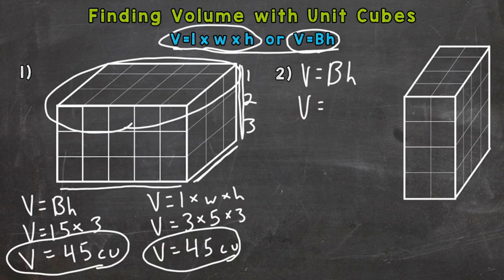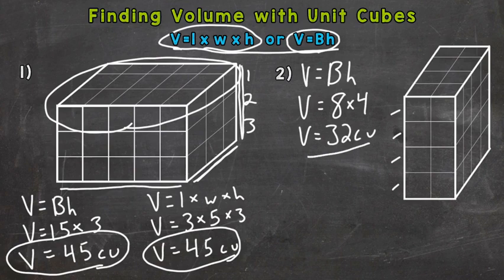So let's take a look at the top layer. How many unit cubes make up that top layer? Hopefully you're thinking 8. So one layer has 8 cubes, and then multiply it by the height, or how many layers there are. 1, 2, 3, 4 layers. So 8 times 4 gives us a volume of 32 cubic units.